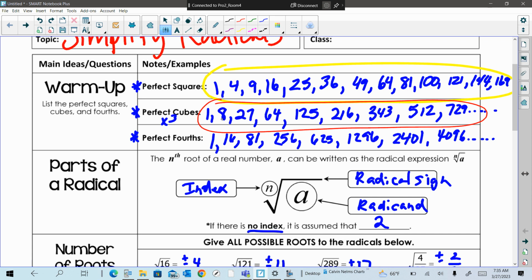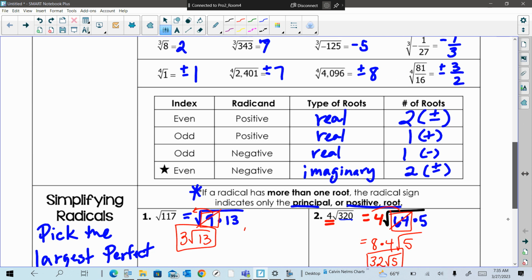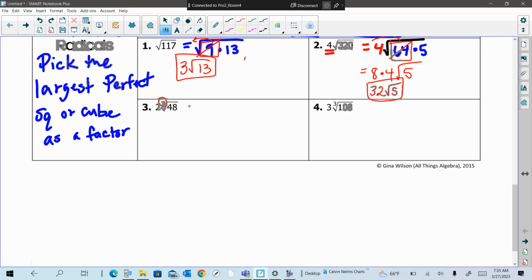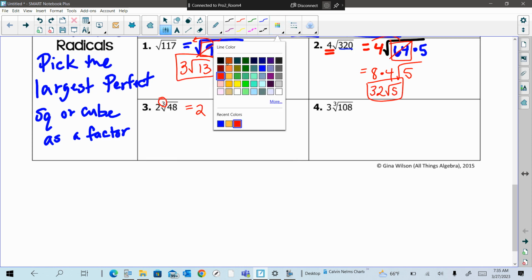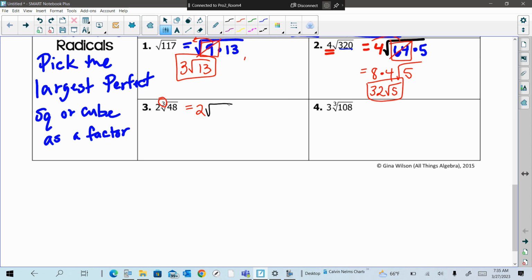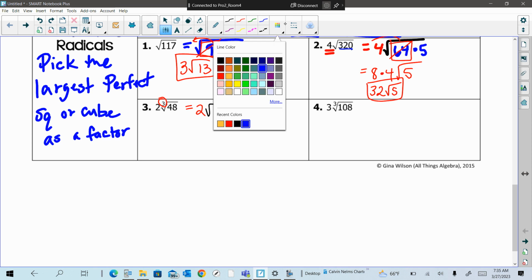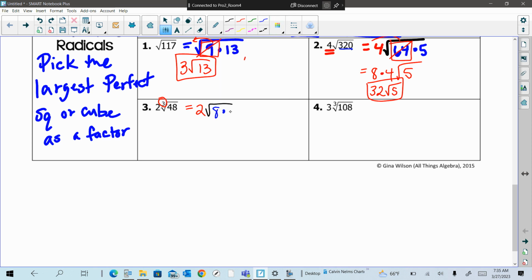Yeah, 8. 8 goes into 48. 8 times what? So this is written: your 2 stays outside the radical. Underneath the radical, you're going to have 8 times 6. 8's the cube root.